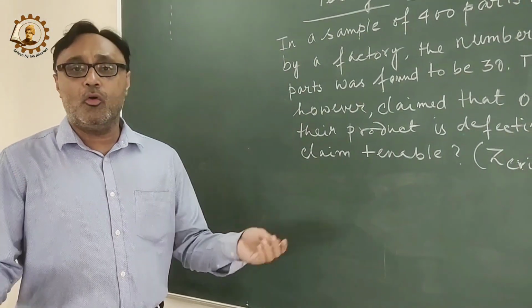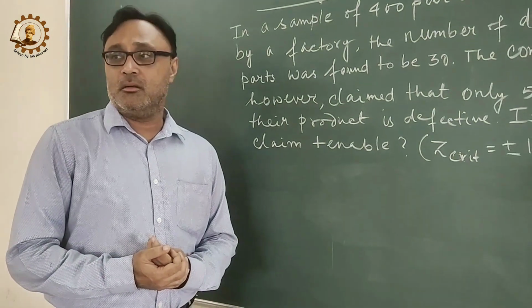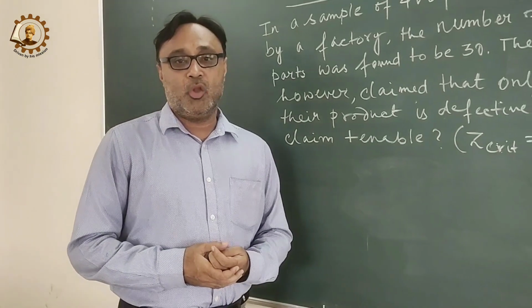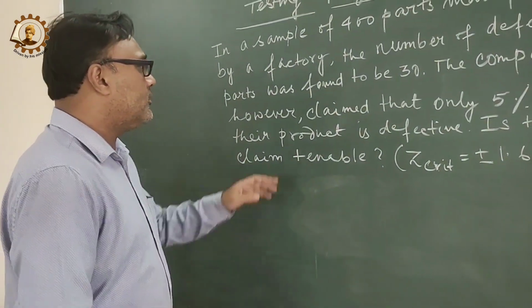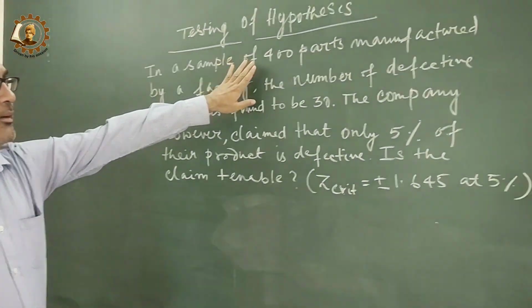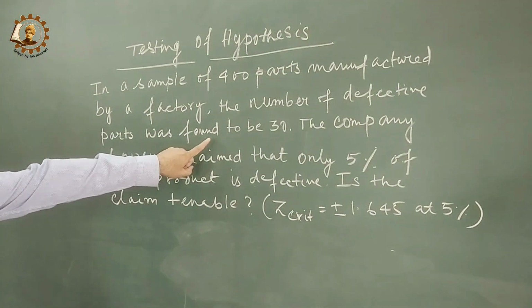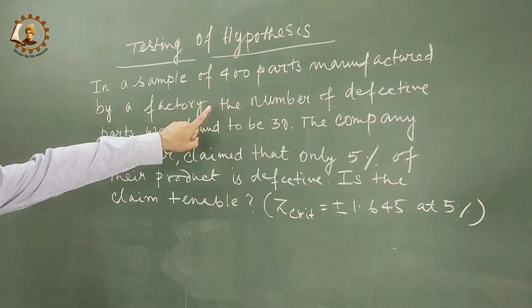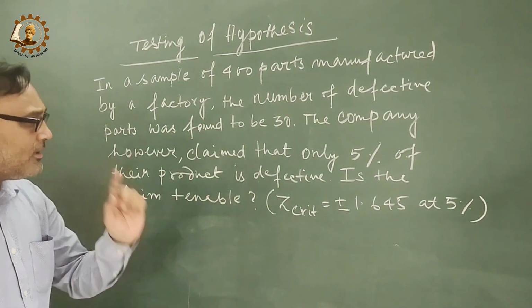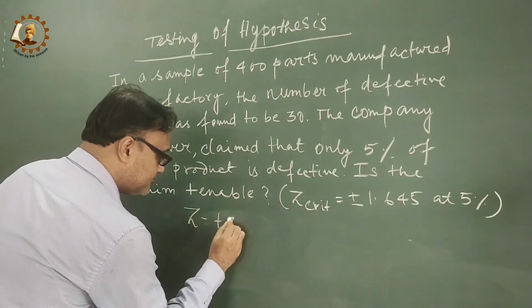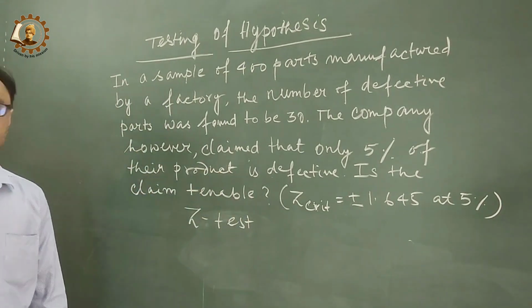But if we don't know about the distribution of the population, then we generally go for the non-parametric test. Also, since the sample size is 400, which is very high, we are going to do the parametric test over here. Also, the proportion is a parameter that we need to estimate. So here basically we are going to use the Z test. Okay, we are going to use the Z test.